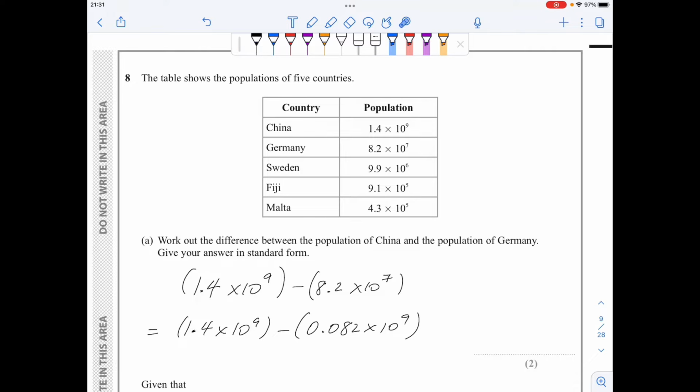So now the powers of 10 are equal, so I can just subtract 1.4 minus 0.082, which will give me 1.318 times 10 to the power of 9.